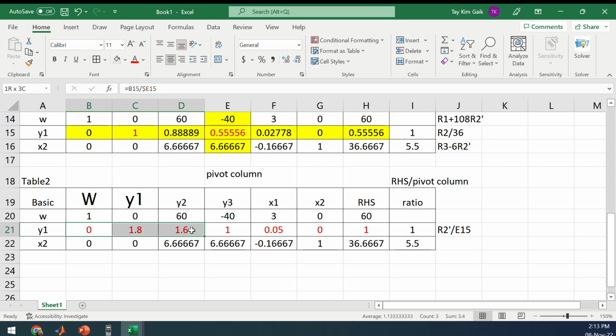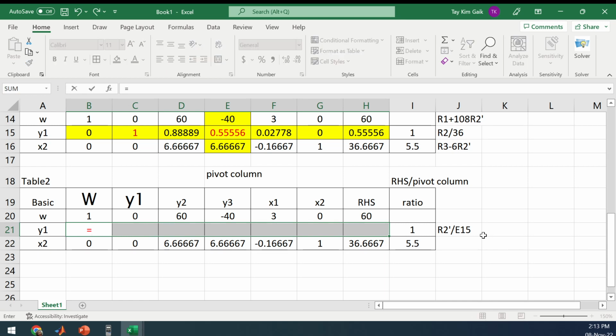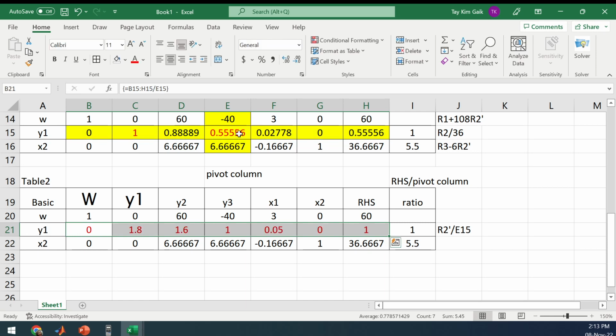Okay, or else, I will prefer normally. I want to make the pivot cell become one unit. So the pivot row is row 2. So take the previous row 2 from the latest table, divide by this one. Control Shift Enter. This will be the easiest. This normally is the easiest.